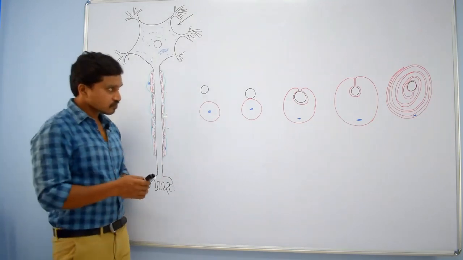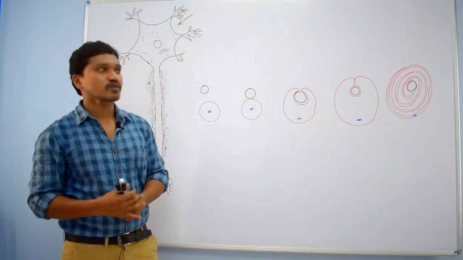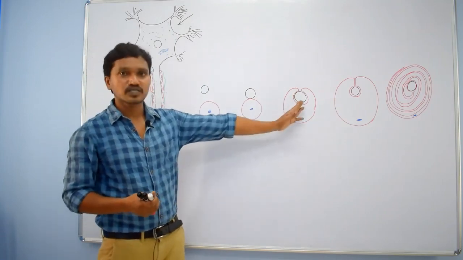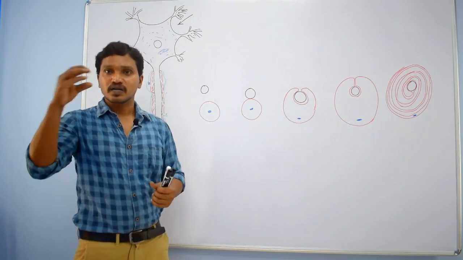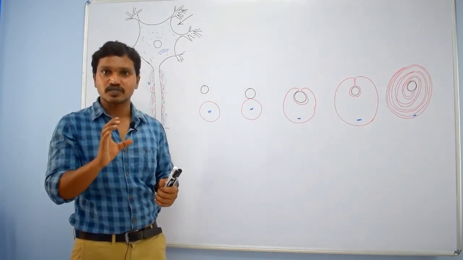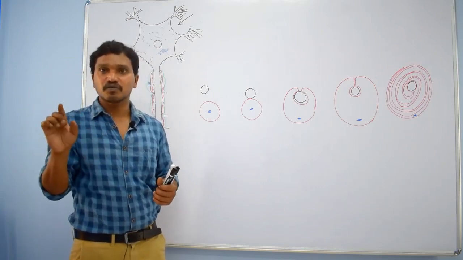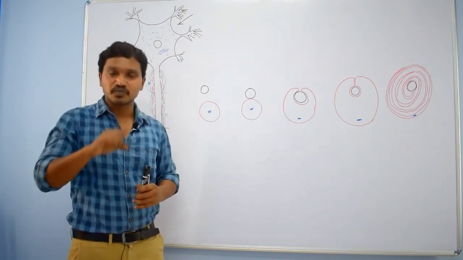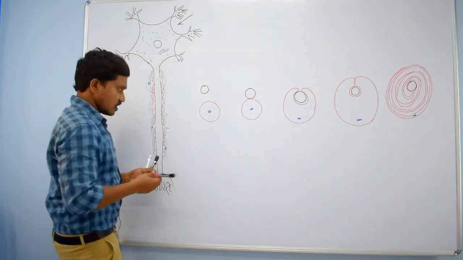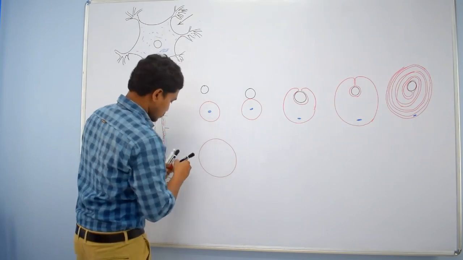Right? Then what about unmyelinated nerve fibers? In unmyelinated nerve fibers, all these things will not happen. Only nerve fibers invaginate into the squamous cell cytoplasm and there is no formation of mesaxon and there is no spiralization. Just see here, this is the squamous cell.